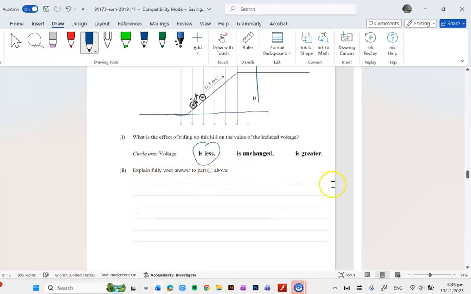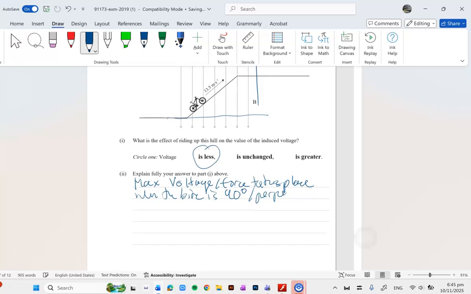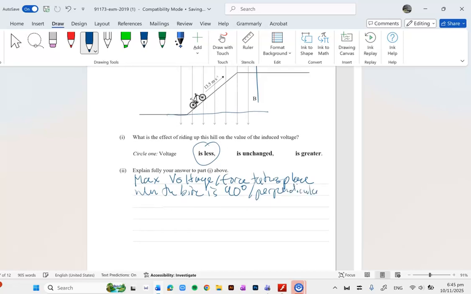Just what I said. Max voltage and force take place when the bike is 90 degrees, perpendicular to the B field, the magnetic field.